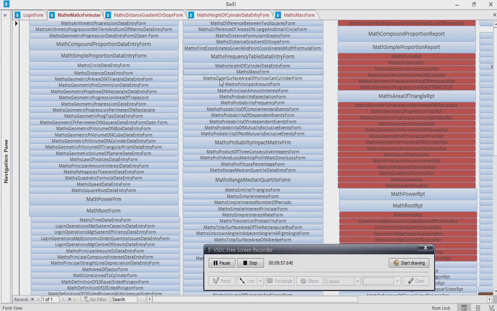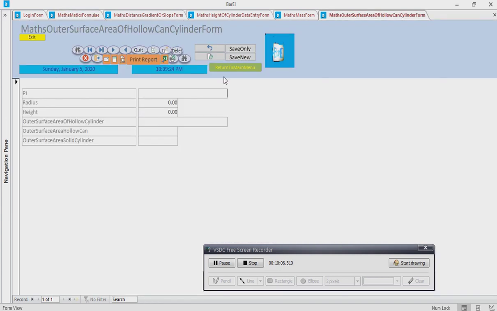Calculation of outer surface area of a hollow cylinder. If the radius is 7, height is 15, then the outer surface area of the cylinder is 659.